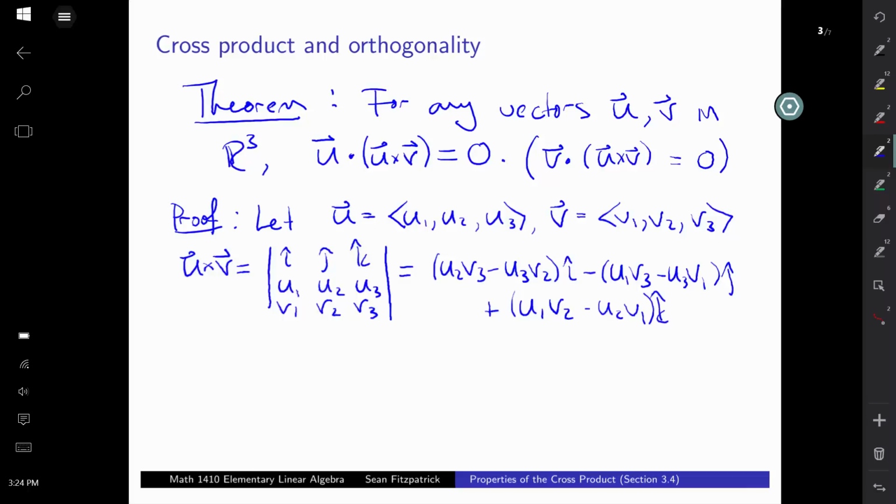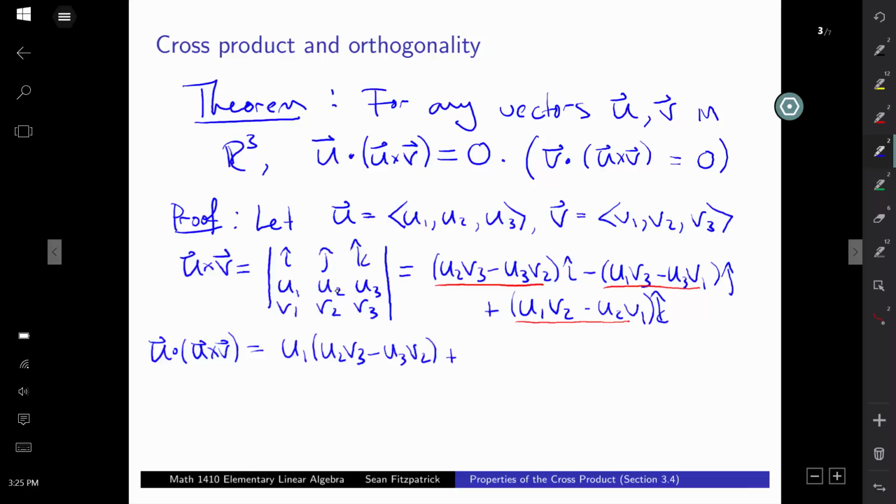Well, if we want to dot this with u, then we've got to take this guy and multiply by u1, this guy and multiply by u2, this guy multiply by u3. So the dot product u dot u cross v looks like u1 times u2 v3 minus u3 v2, plus, well, actually let's put it in as a minus sign, keeping track, so this minus sign is coming from this minus sign up here.